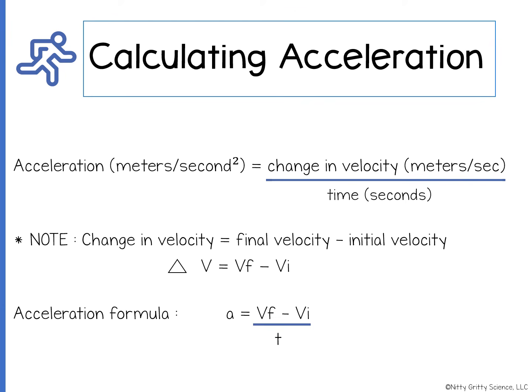The unit for acceleration is a unit for velocity divided by a unit for time. In SI units, velocity has units of meters per second and time has units of seconds. So acceleration has units of meters per second squared.